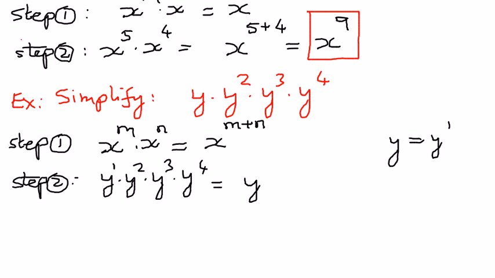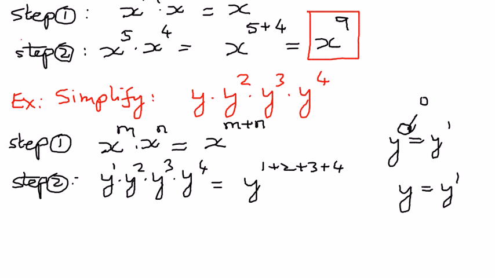What are the powers I have? 1 plus 2 plus 3 plus 4. I want to clarify this. When we do not have anything written up there, it does not mean it is 0. It means it is y to the power of 1. The power of 1 is implied.